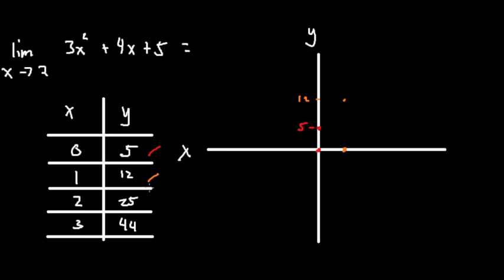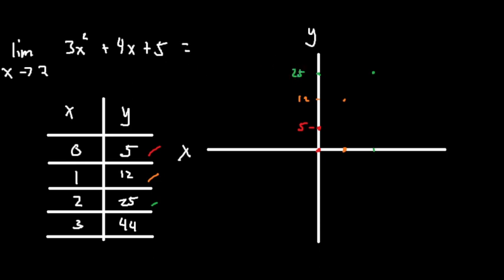Next, if x is equal to 2, y is equal to 25. So kunyari, andito si 25. This is just a rough sketch of the graph. It's not accurate, pero kunyari nandiyan si 25.